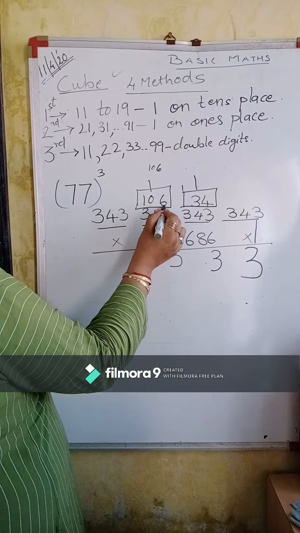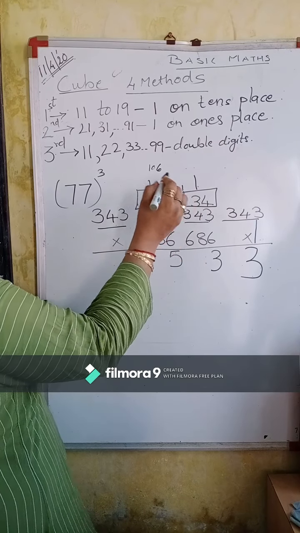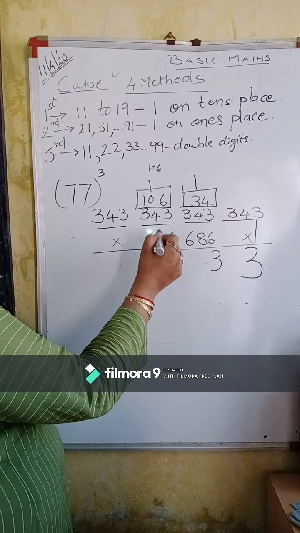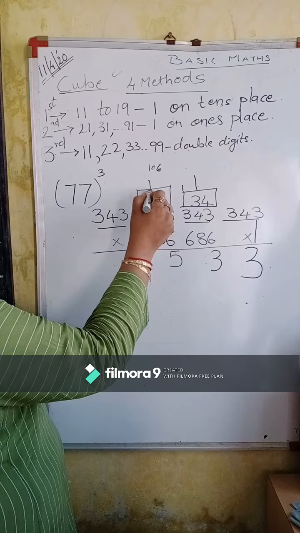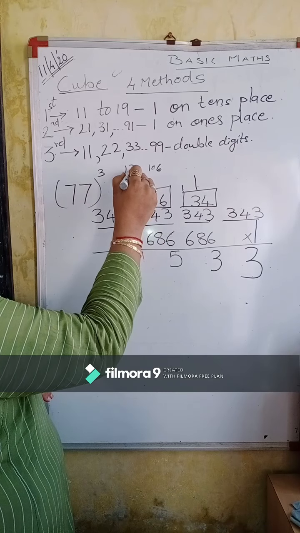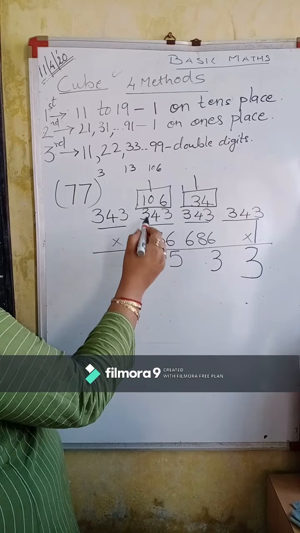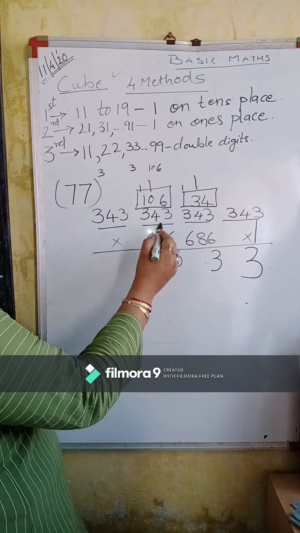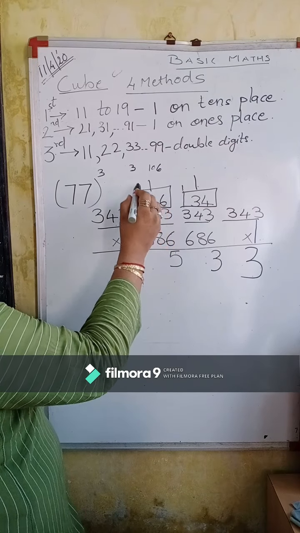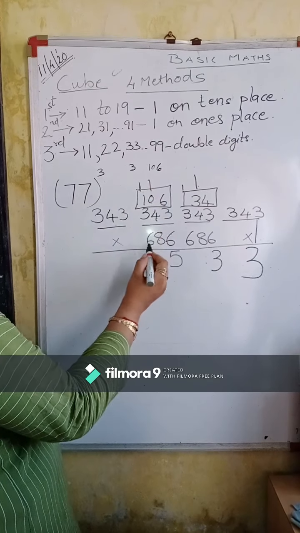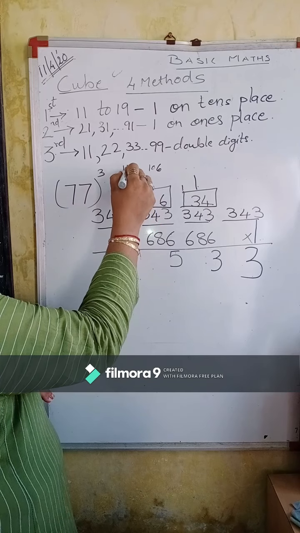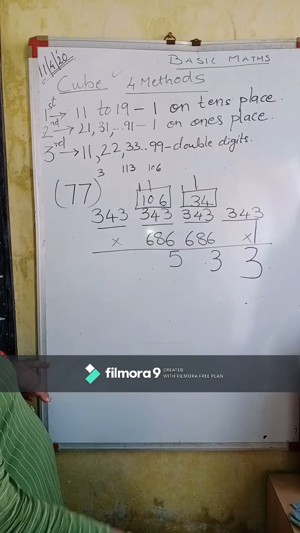Already we carried 106. Once carried, on top of it we carry again. Now 8 and 4 is 12 and 1 is 13. I'll write 3 and I'll carry 1. Then 6 and 3 and 1, that is 10 and 11. So I'll put here 113.